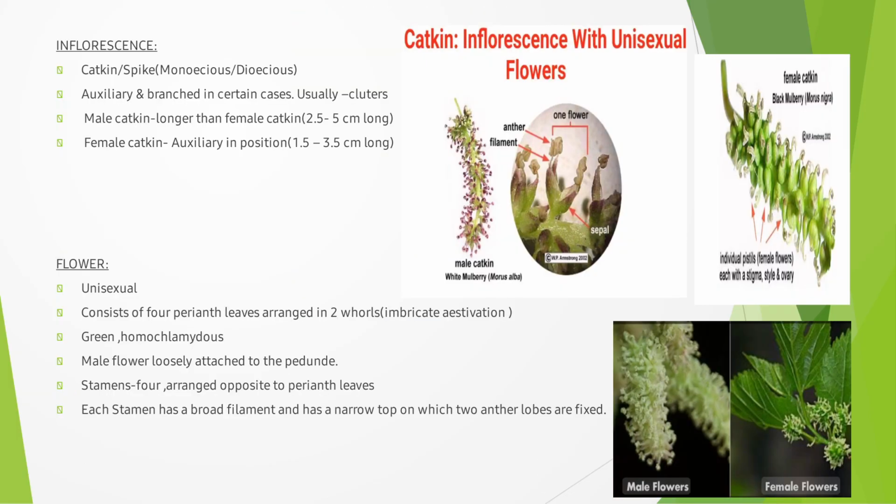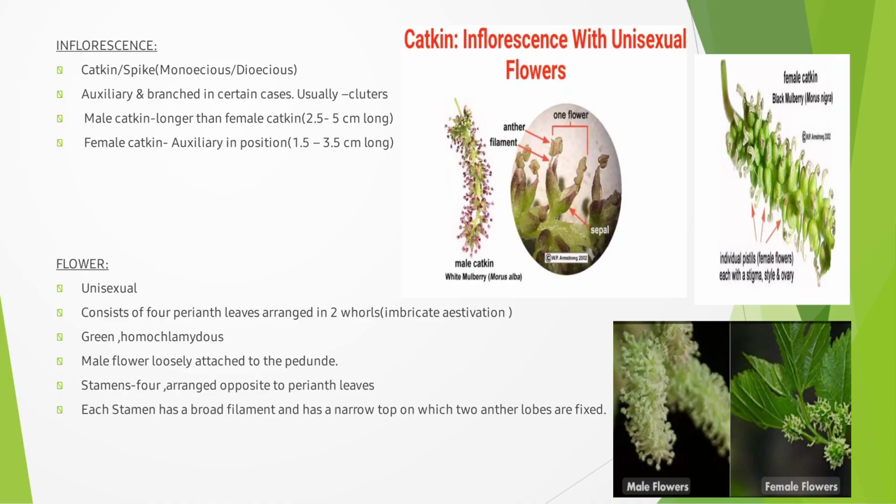Next is the inflorescence. Inflorescence generally means the arrangement of flowers on a floral axis. This inflorescence in mulberry may be termed as catkin or spike in case of monoecious or dioecious. So catkin is nothing but the modified racemose type, and it will be having only the unisexual flowers.